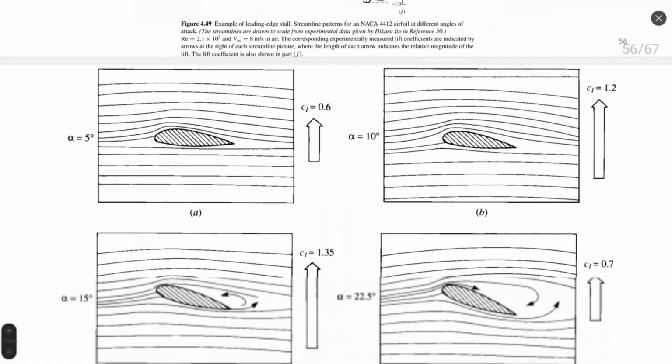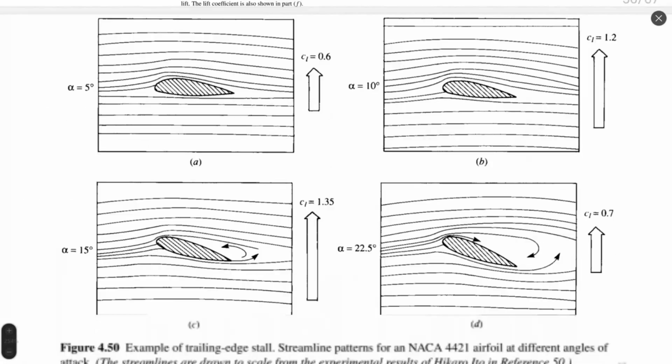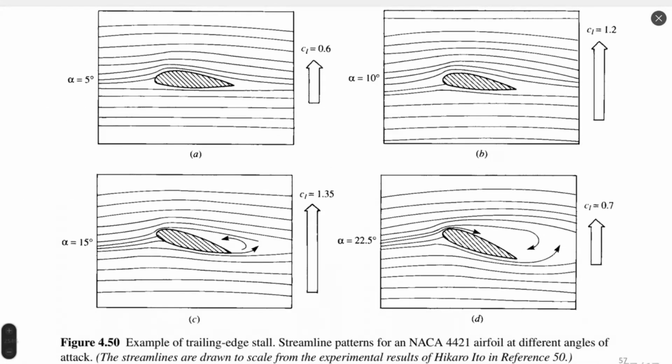Let's see now another example, a thick airfoil. NACA 4421. It's also NACA 44 like the previous one, but now we have 21% of chord thickness. Not 12, almost 2 times thicker. What happens in such a case?